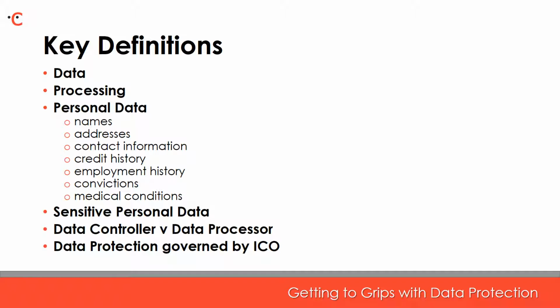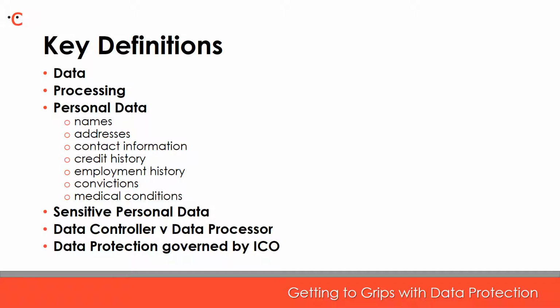So when we look at what personal data is, this is data, which we've just defined, relating to living individuals who can be identified from that data or from that data and other information in the possession of or likely to come into the possession of the data controller. It includes expressions of opinion and any indication of the intention of a data controller or other person in respect of that information.